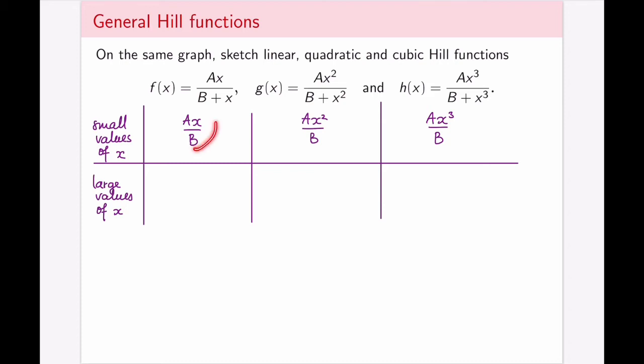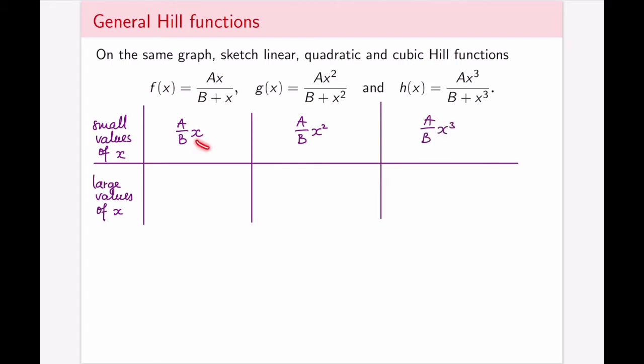So instead of saying it's ax over b, it's probably more straightforward for graphing to say that I'm going to separate the coefficient and keep the power of x. Same thing here. It's going to be a over b times x squared. That way, it's a little bit more clear what the actual graph will look like. And so finally, for the last one, I'm going to have a over b times x cubed.